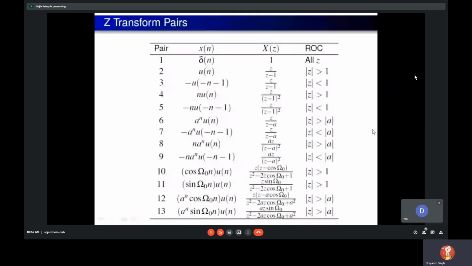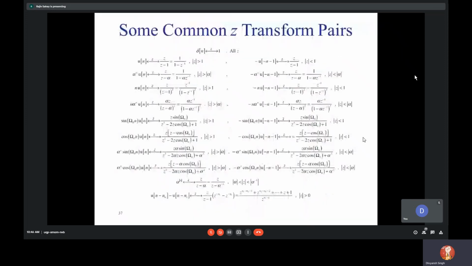Is it clear? Shall I move ahead? You can refer to the book and take down these formulas. I just want to hint at what properties are being used to derive this. Again, similarly, you have this slide.